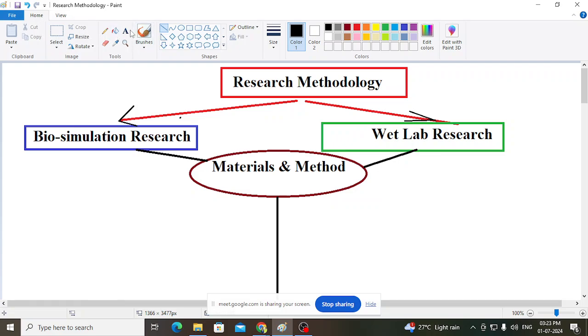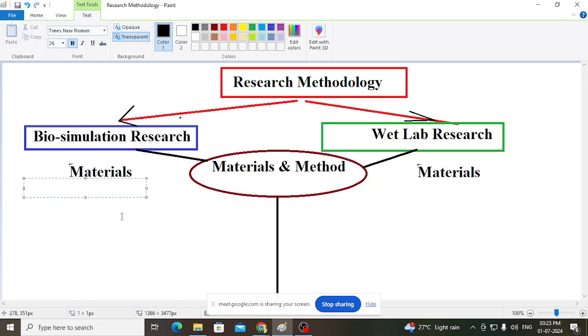So let us see what materials are needed for biosimulation research. First and foremost we will talk about the materials for this, and then the materials for wet lab research. For biosimulation research, first and foremost you need the hardware, a workstation.